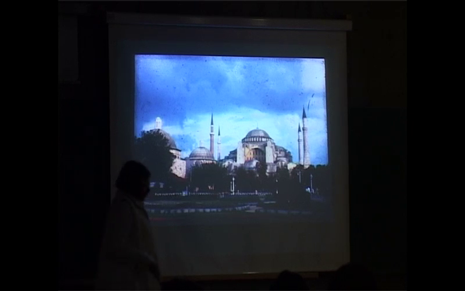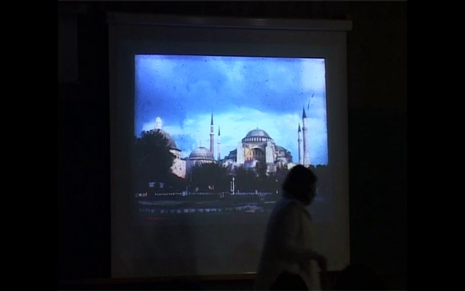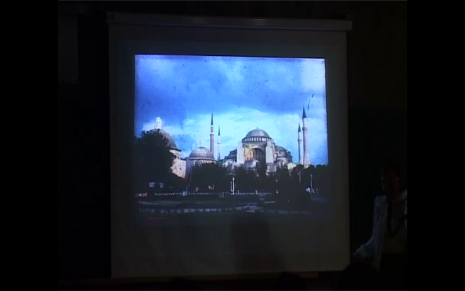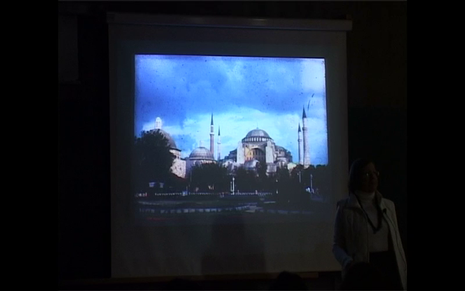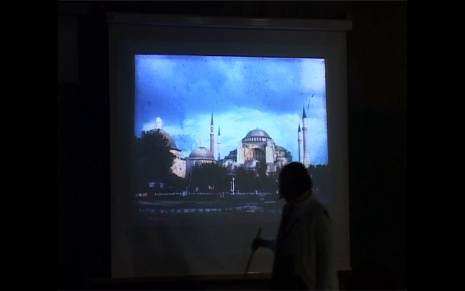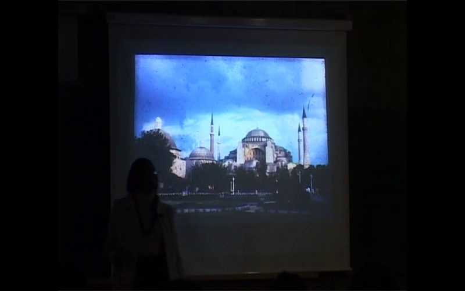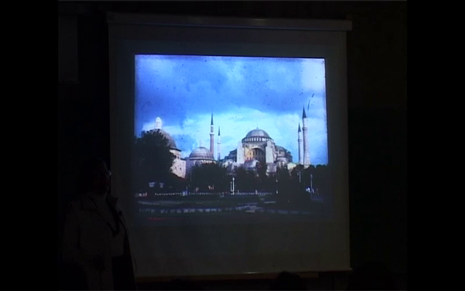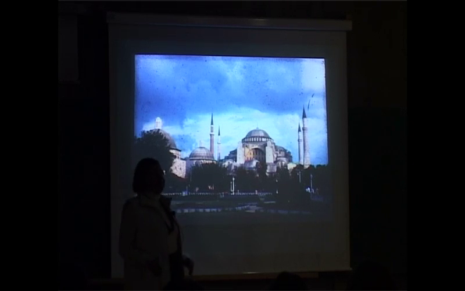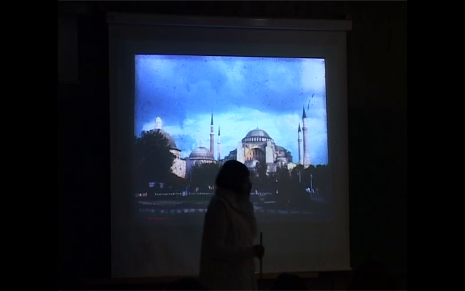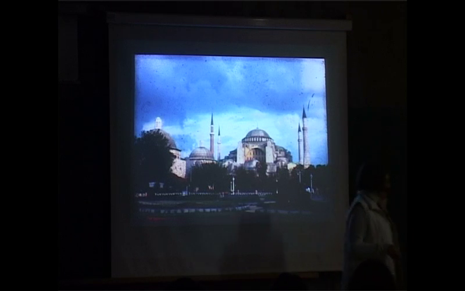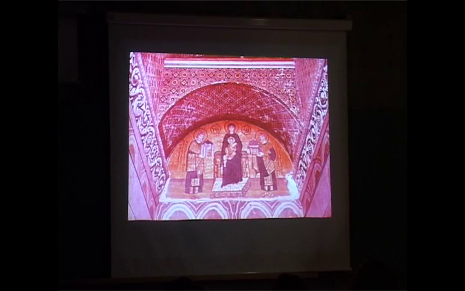And for this purpose, Isidorus and Anthemios were the two scientists, engineer, geometrician scientists, who were employed to design the church. Hence, it wasn't simply a work of masons, but the scientists of the time were employed by the court to come and create the plan of this very special imperial church.